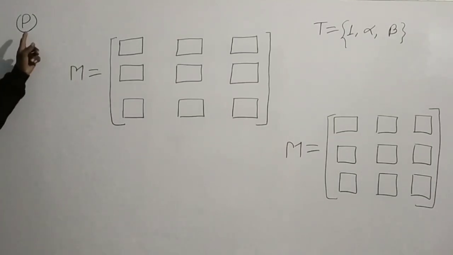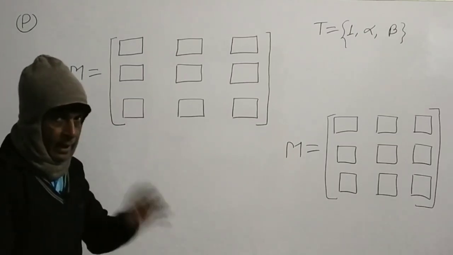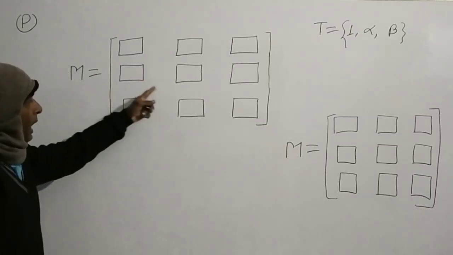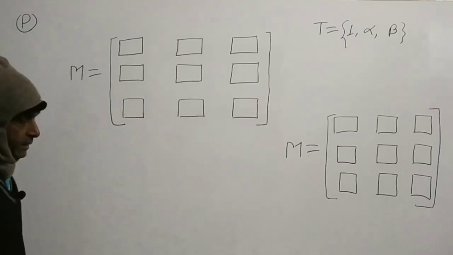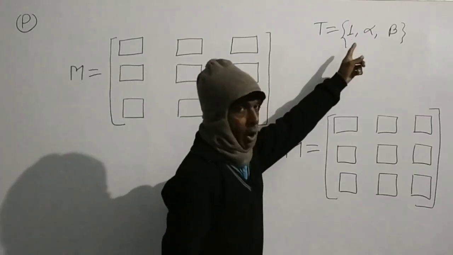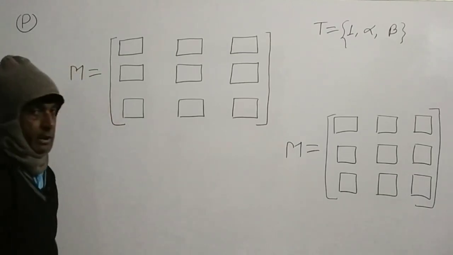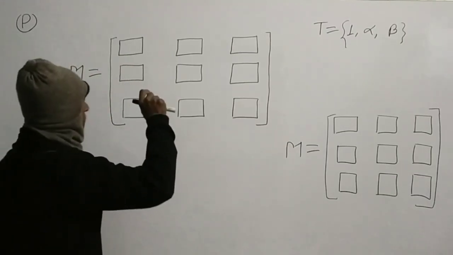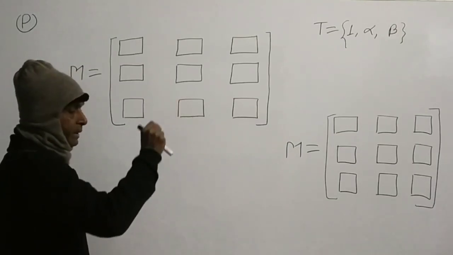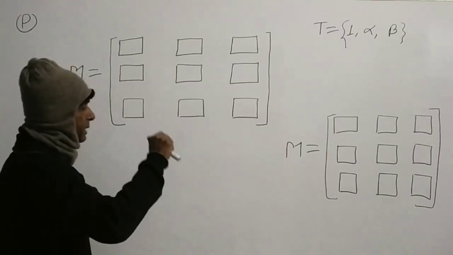In entry P of list 1, it is asked how many matrices M are possible such that each entry is an element of this set T, and the sum of elements in each row should be 0, and the sum of elements in every column should also be 0.